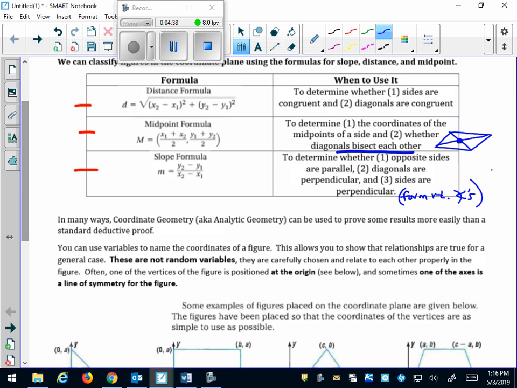Diagonals, right. Good. Kites have perpendicular diagonals. So you can see that using the slope formula is going to help us figure out or prove that diagonals are, let's say, perpendicular. If you think about the definitions of all of our quadrilaterals, was the word perpendicular in any of the definitions? I don't think we actually had the word perpendicular in any definitions, but what does perpendicular mean? They make right angles. So squares and rectangles have right angles, right? So if we can show that sides are perpendicular, that's the same thing as showing that they have right angles.